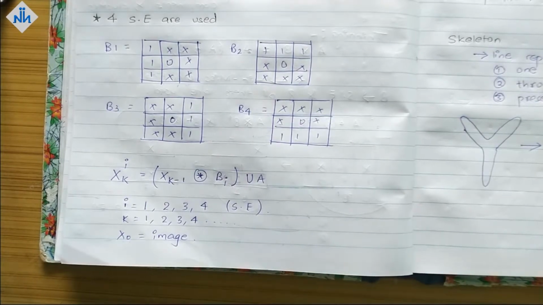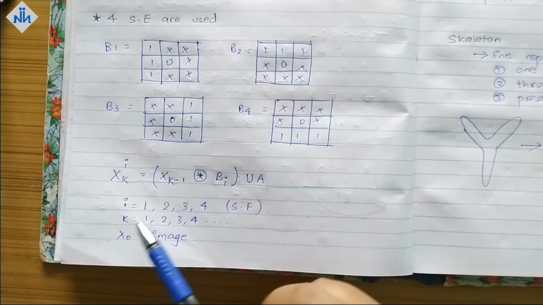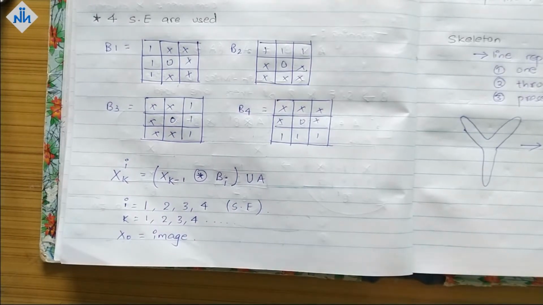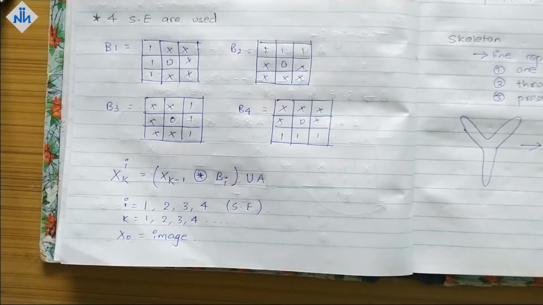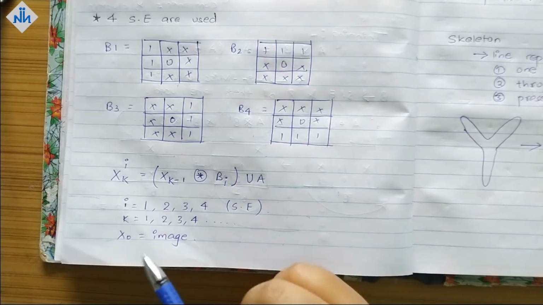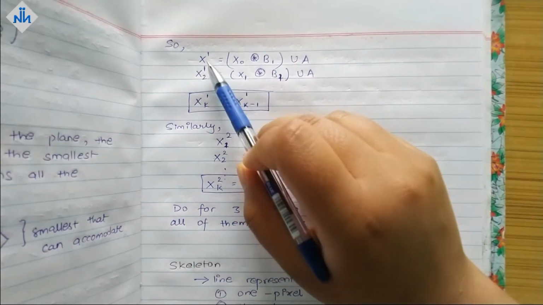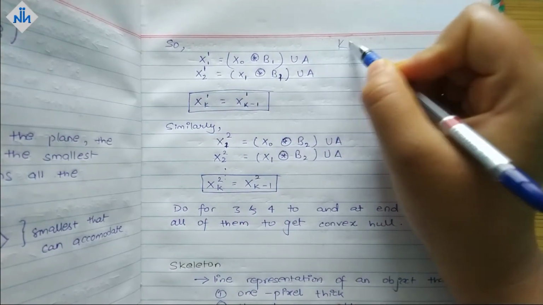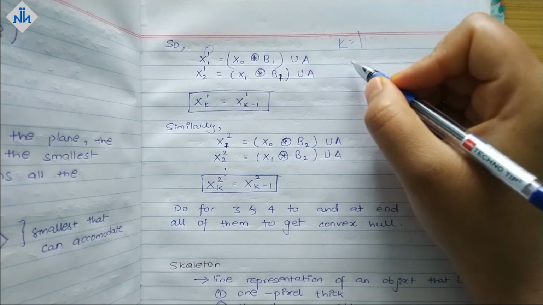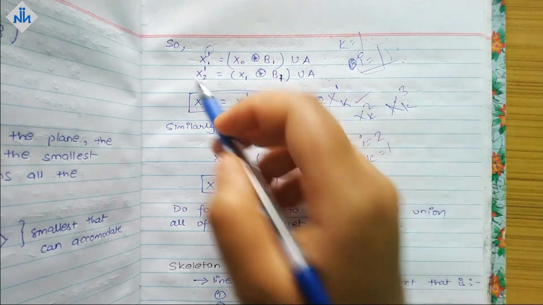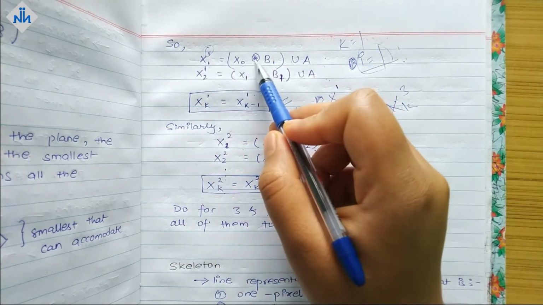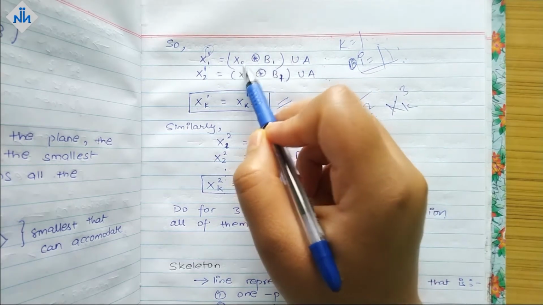So basically what we do is, i can be 1, 2, 3, 4 only. We have 4 structuring elements, and k can be anything, starting from 1, and it can go till infinity. And X0 is our original image. So what we do is X1, we are calculating for k equal to 1, and this is our structuring element i equal to 1, then X1^1 is equal to X0 hit-or-miss B1 union A, because k minus 1.